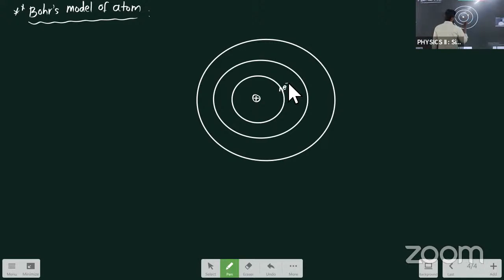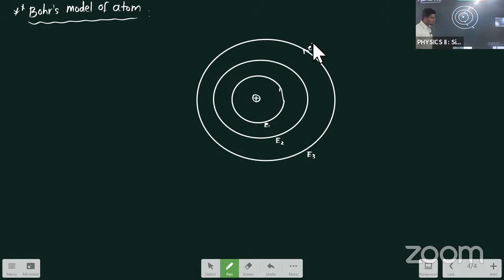Let us assume that the energy in this orbit is E1, in this orbit is E2 and in this orbit is E3. Let us assume one electron is revolving in the third orbit.